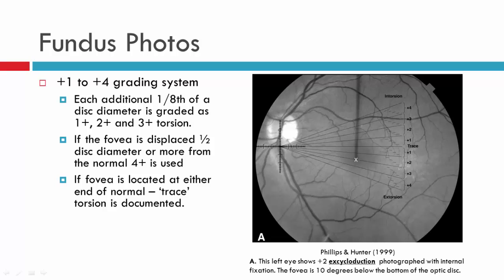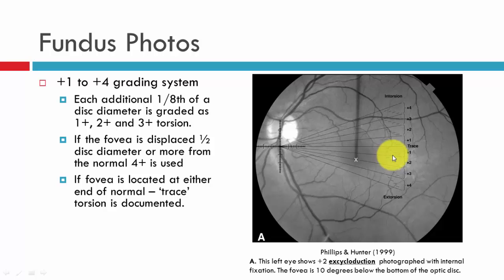So if we have a look at the patient here to the right, the fovea is located here. These are the lines here that indicate trace torsion. So here we have the border of normal and intorsion, and here we have the border of extorsion and normal.